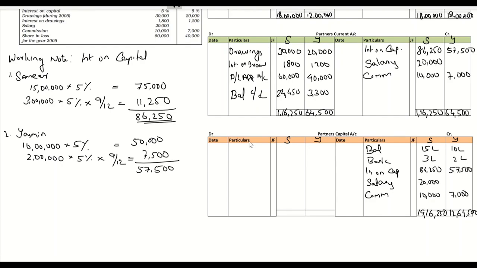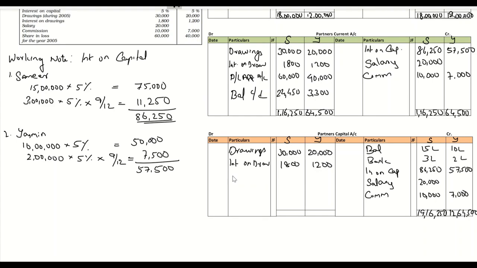Now on the debit side, we know what are the balances that are coming on the debit side. So we will have drawings, which is 30,000 and 20,000. We will have interest on drawings, which is 1,800 and 1,200.